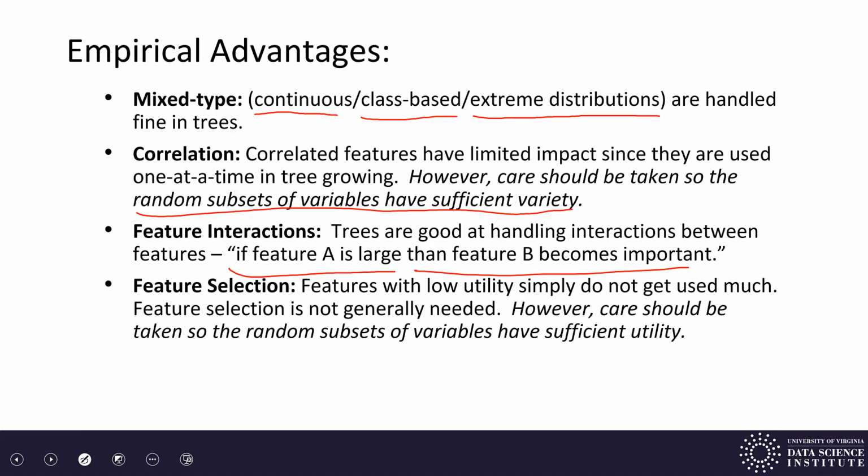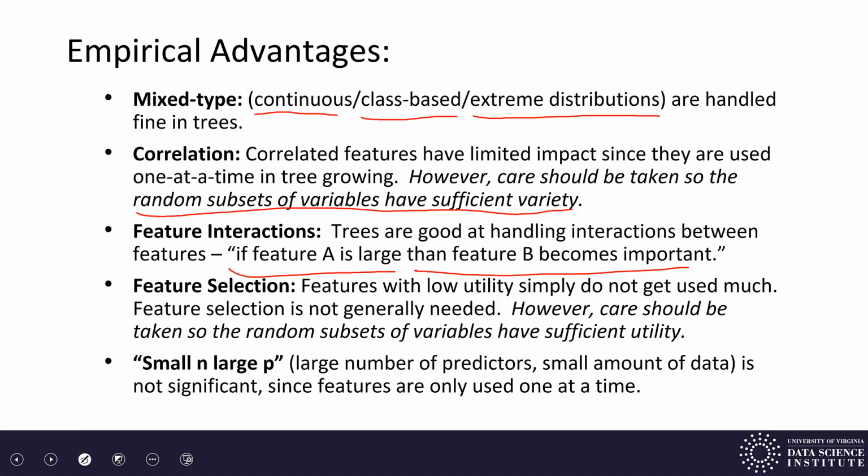Feature selection. Features that have low utility don't get used much, and so they don't impact the results very much. With linear regression, we saw we get much better results when we drop some features. If they're not useful, random forest will drop them automatically, as long as they're not dominating, as long as there aren't too many of them. Then the small n, large p problem.